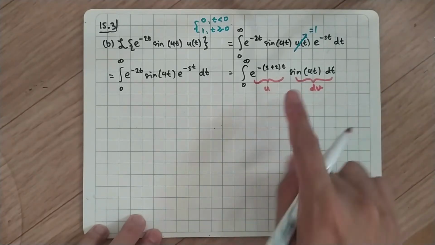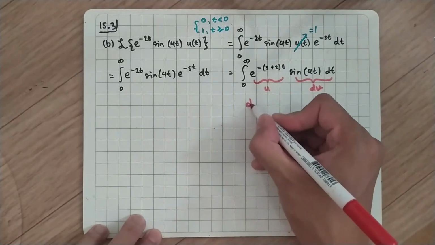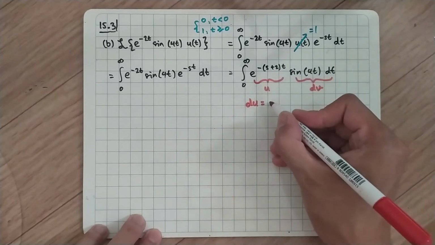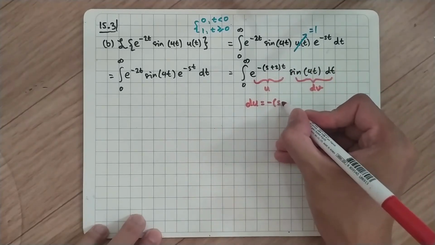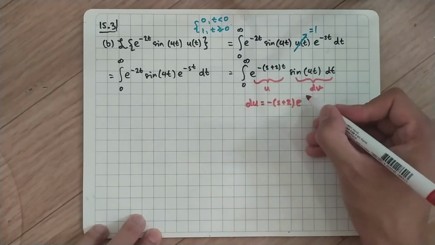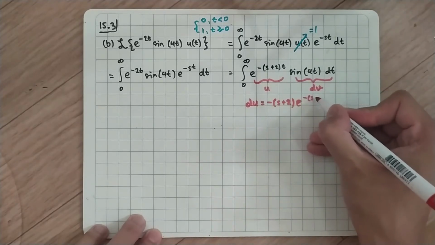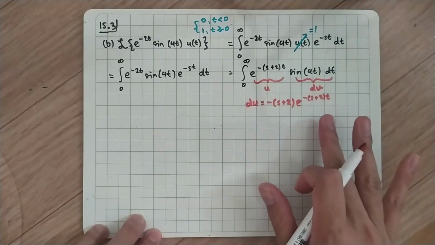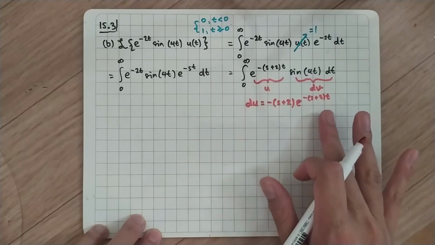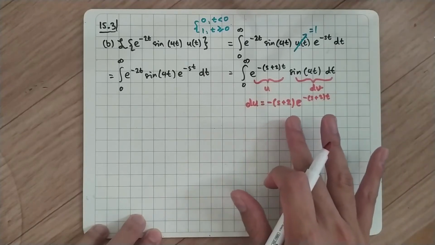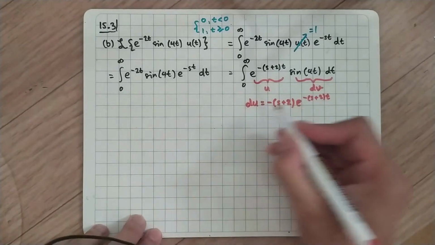Okay, if our u is this, so our du is minus (s plus 2) e to the minus (s plus 2)t. Is it correct? Let's do check. Yeah, okay.